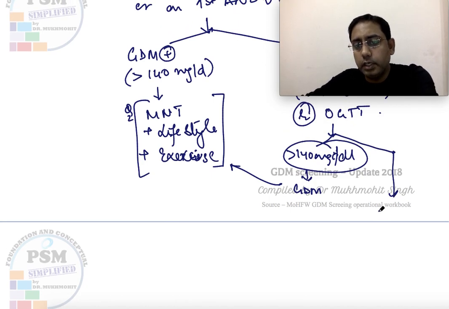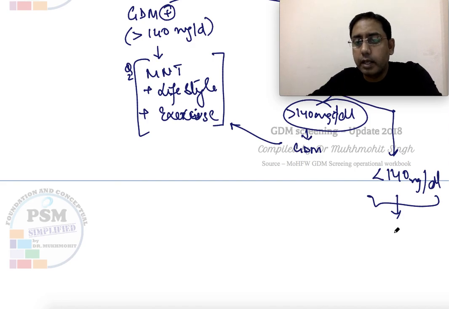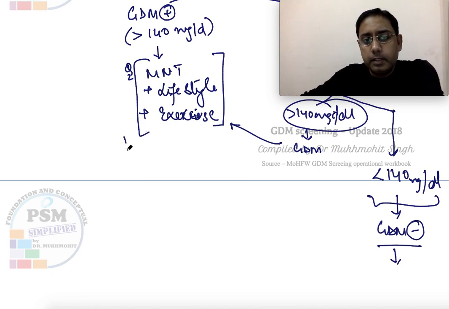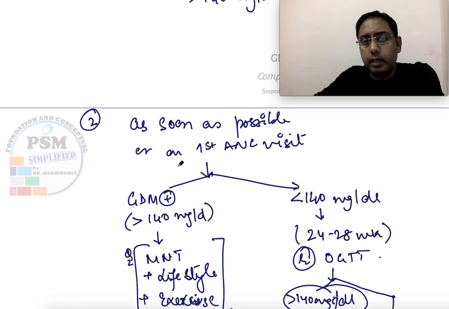In case the OGTT is again less than 140 mg per dL, the female is recognized as GDM negative, and the pregnancy goes on as a normal case. Now this guideline is not yet over, so we have seen just a quick recap.